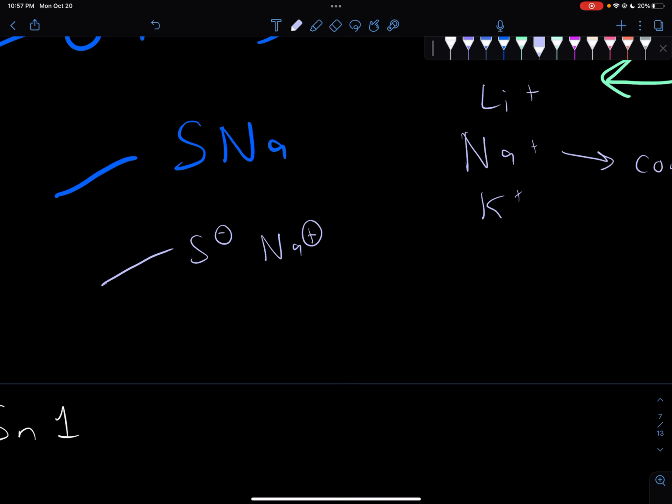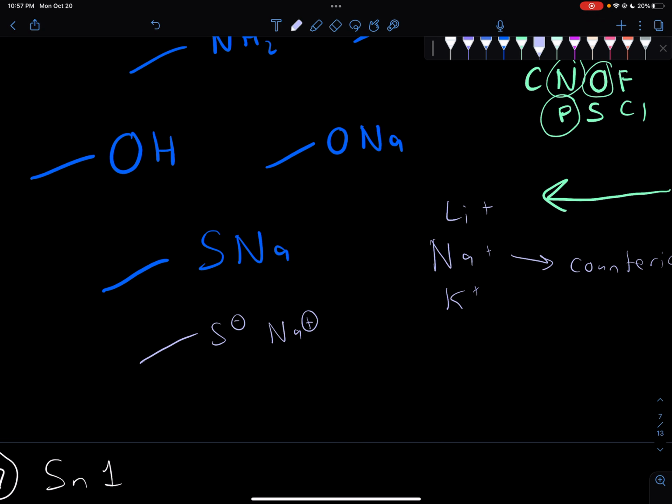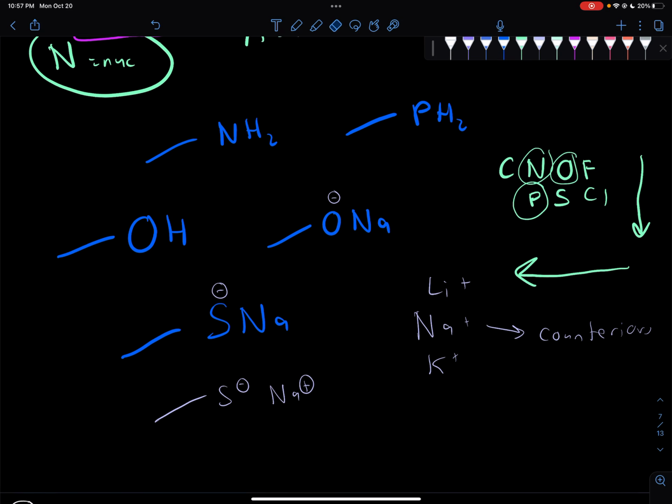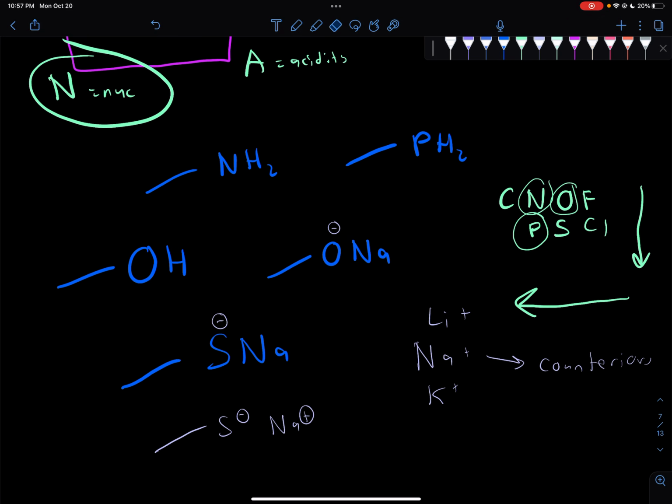But in reality, it easily dissociates, and the sulfur will be a negatively charged sulfur. So if you ever see anything like that, like OLi or even this ONa, you're actually looking at a negative charge on your nucleophilic atom. So very, very important to know. Because if you have a negative charge, that's a really good feature of a nucleophile, right?